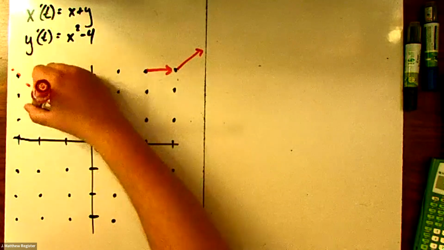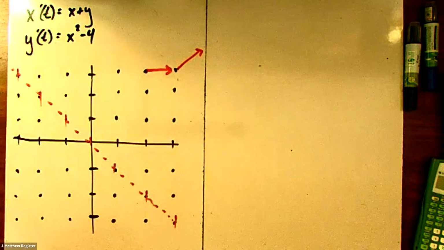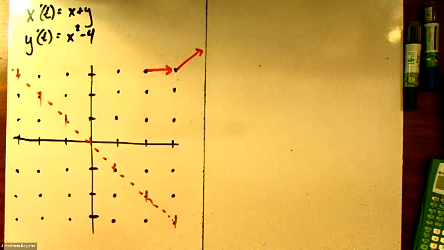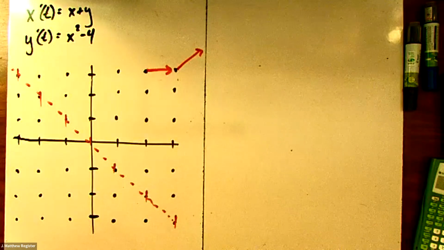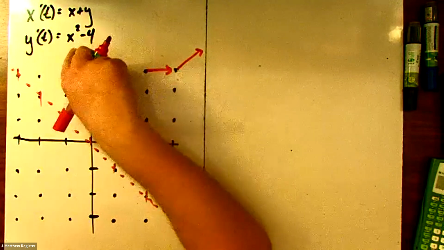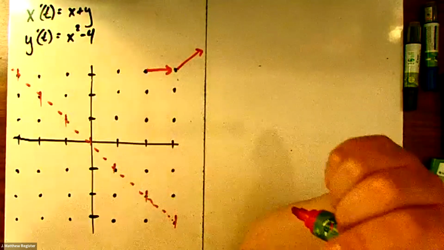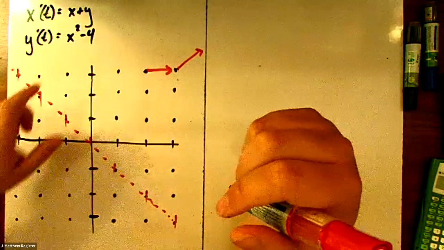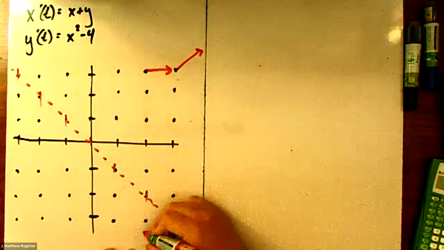In the y direction, we can do the same kind of idea. And so we can say, when is this going to be equal to 0? And x squared minus 4 is going to be 0 when x is equal to 2 or negative 2.